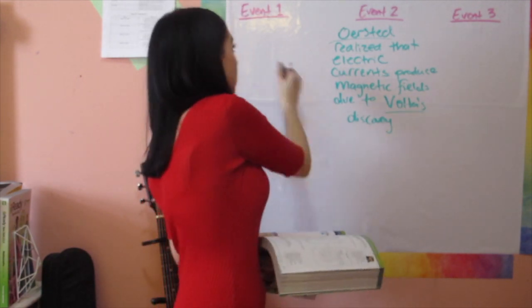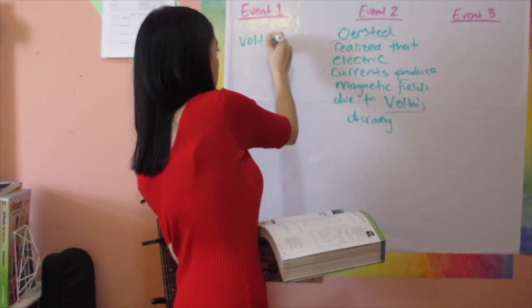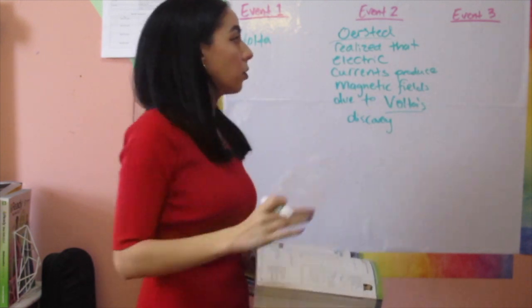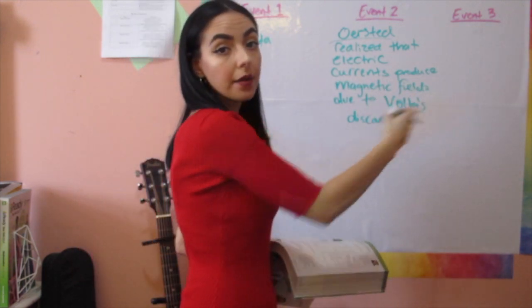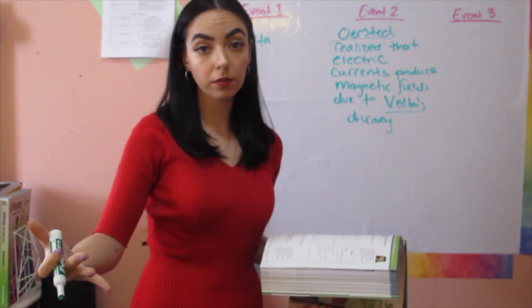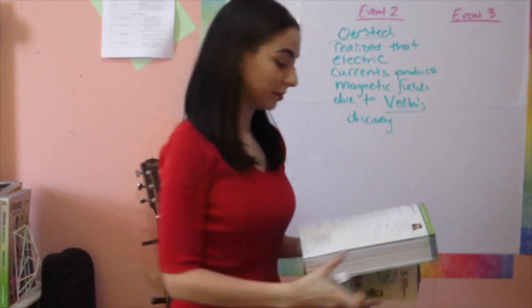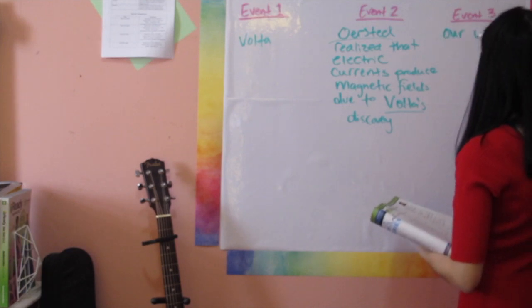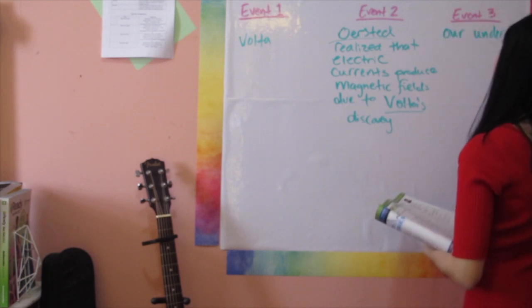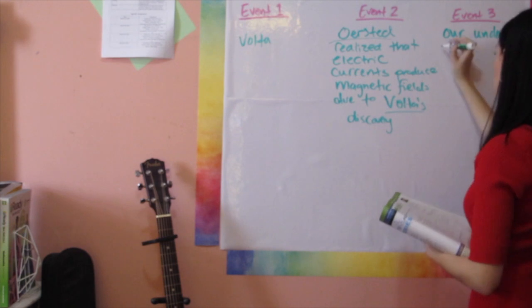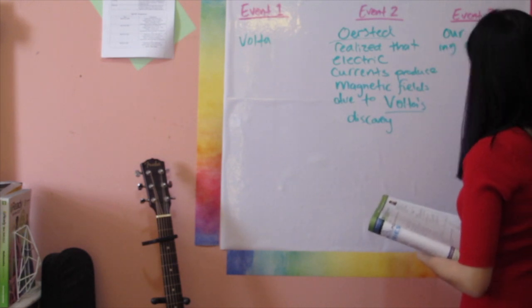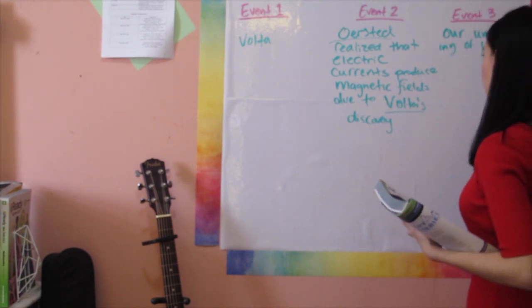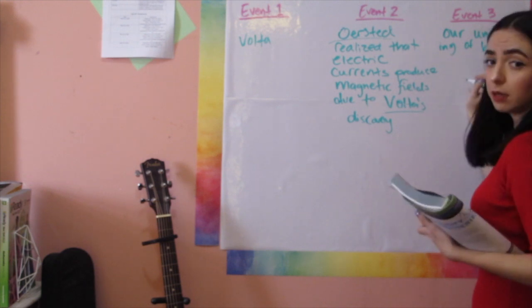Now, because of these two people, let's just put Volta here. Because of Volta and because of Ørsted, what is event 3? How does it affect us, the world? Think. Our understanding of batteries, because who created the first battery?